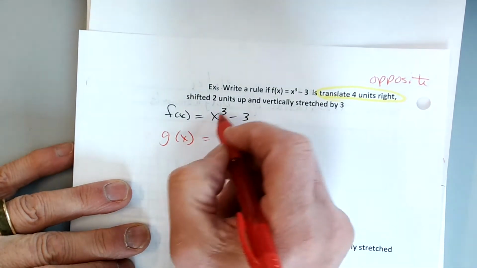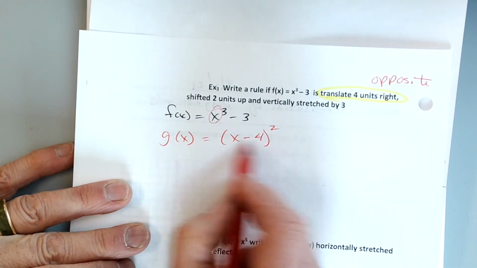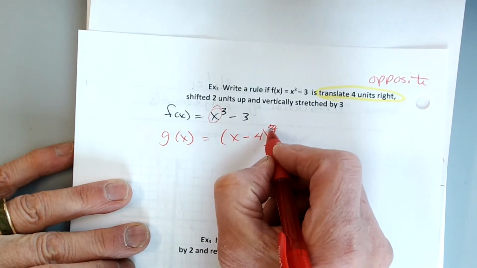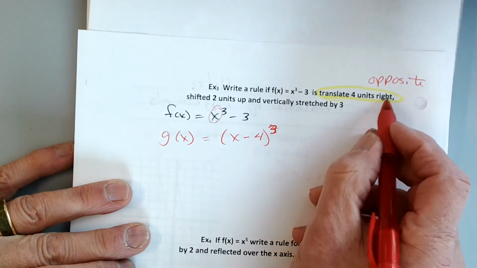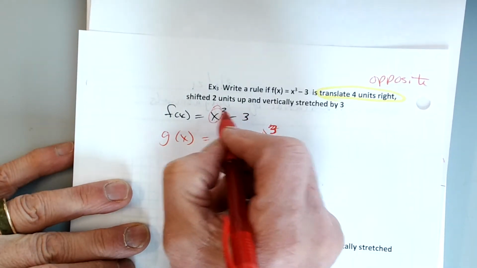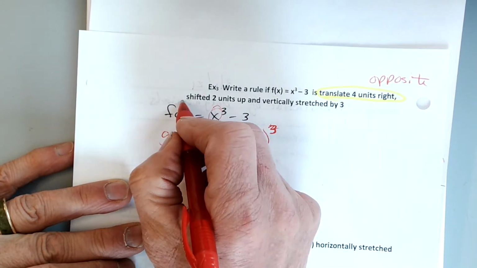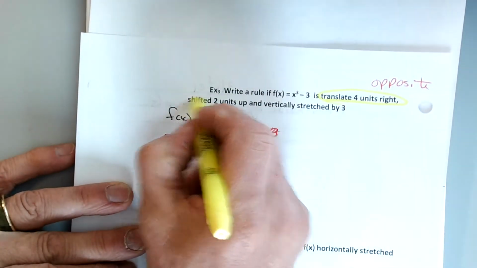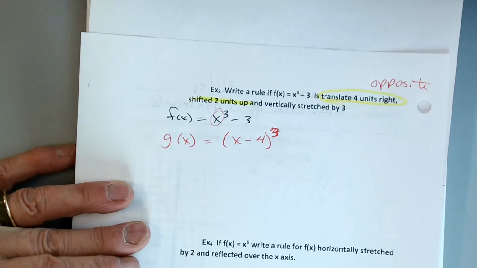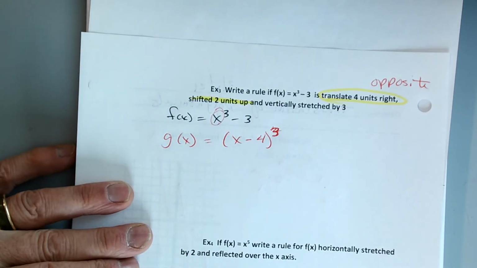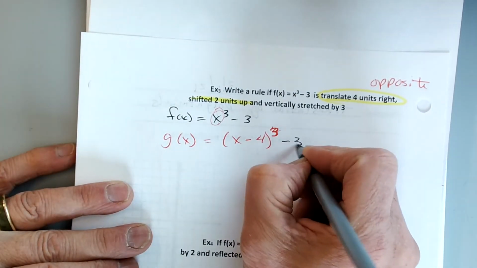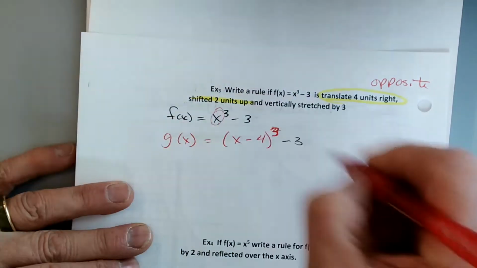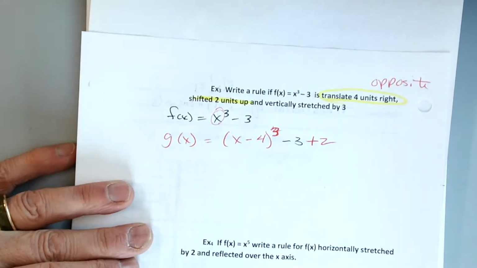I took inside of here, and I went minus 4, cubed, my bad. Then I'm going to take it 2 up, okay? So I'm going to take this negative 3, and I'm going to go plus 2.